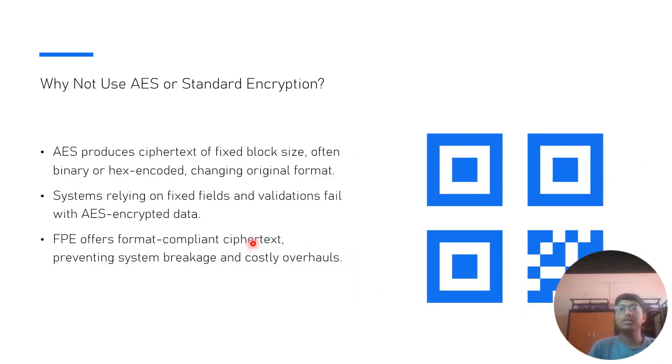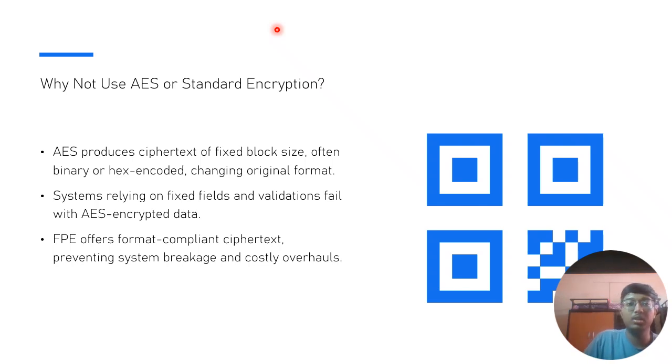Now we already have standard encryption like AES and DES. Then why have we not used them and moved towards FPE? Traditional ciphers like AES are designed to produce completely random looking output, often longer than the original.